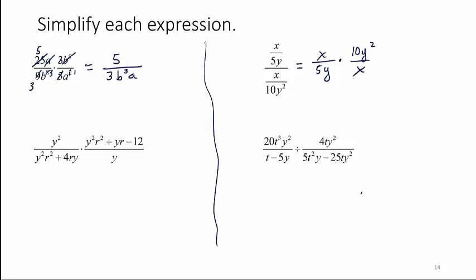Okay, now that we have the multiplication, this becomes very easy, right? So I'm going to cancel out the x's. What else goes away? 10 over 5 is 2, right? And y squared over y is just y, right? We just have one y.